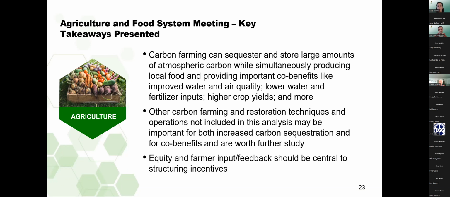Second, that other carbon farming and restoration techniques and operations not included in this analysis may be important for both increased carbon sequestration and for co-benefits that are worth further study. And finally, that equity and farmer input and feedback should be central to structuring incentives.